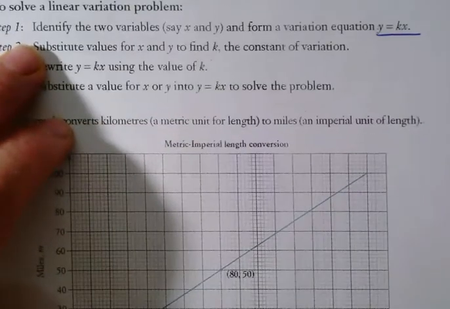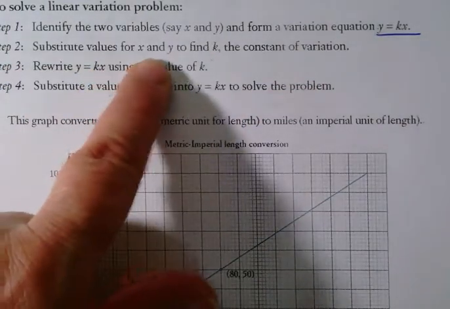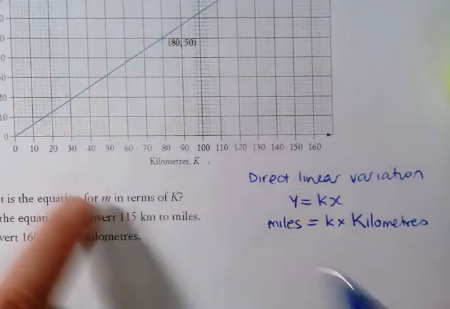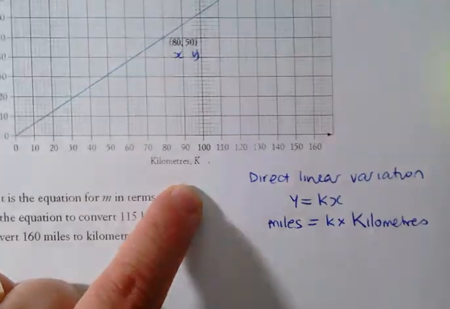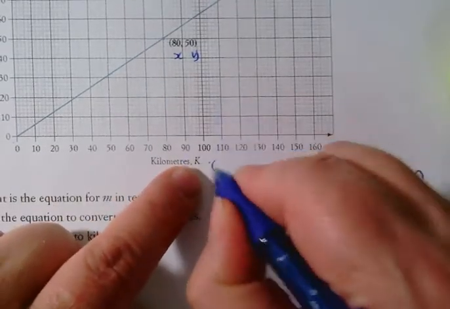Now, that was step one: identify your two variables, x and y, and form an equation, y equals k times x. Then we substitute values for x and y to find the k. We look at the information in the question, and we have been given the point 80, 50, which is your xy value, which is really K, M, because the x-axis is kilometers and the y-axis is miles.